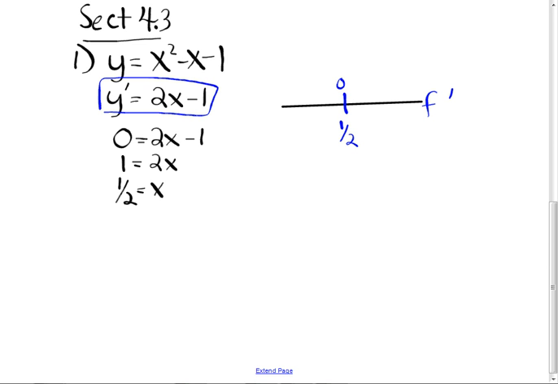If I try a number to the right, like 10, is that positive or negative? And if I try a number like negative 10, then this will be negative. I know it's a line, so that's what's happening. So what does that tell you about your function? This one, f is what? Decreasing, and what's happening here? F is increasing.